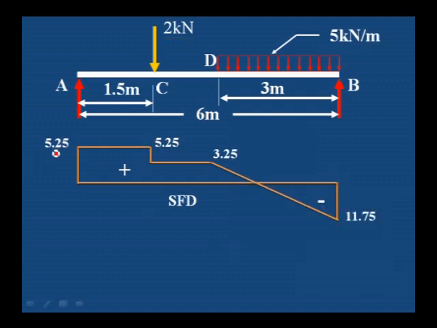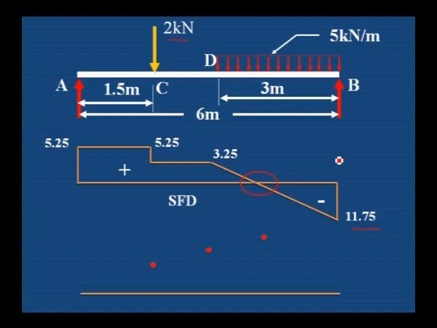See, this is 5.25, here it suddenly drops to 3.25, equivalent to the 2 kilonewton drop, and then here it drops to 11.75. In between, the shear force changes its sign. This point we have to determine to calculate the maximum bending moment.